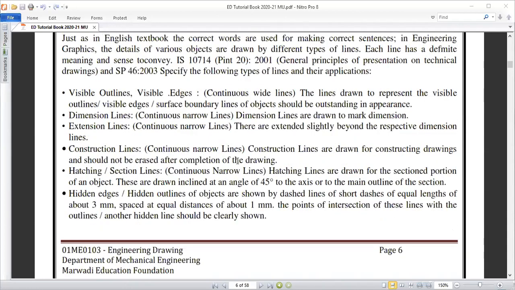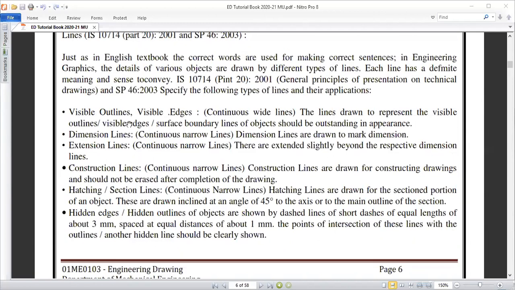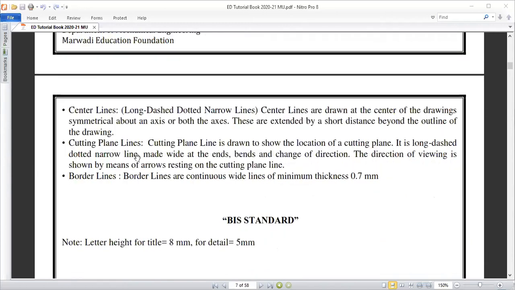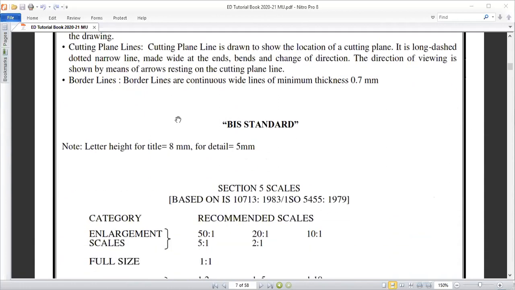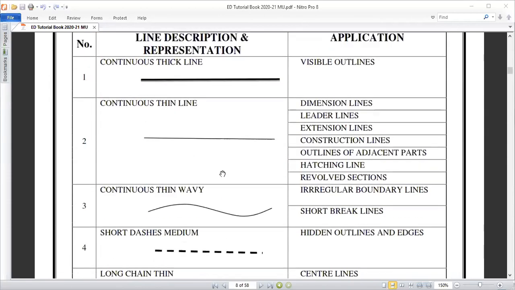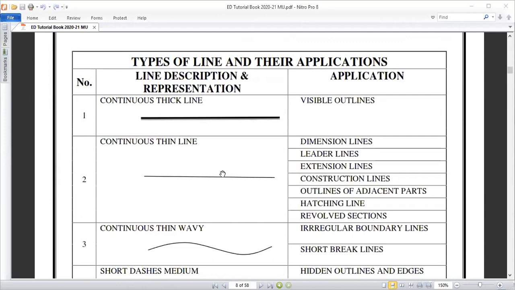Apart from it, different types of lines like visible outlines, dimension lines, extension lines, construction lines, hidden lines, center lines, cutting plane lines, border lines, right? All these types of lines, and majorly the table of the types of lines, we have already discussed in the last lab.